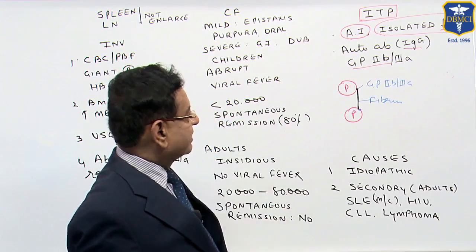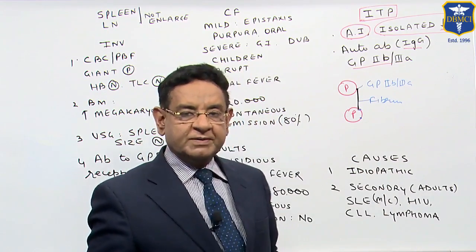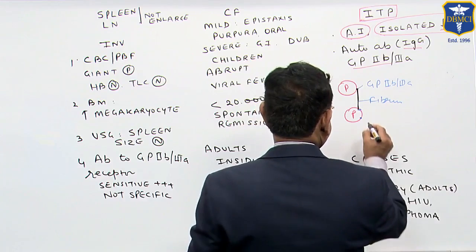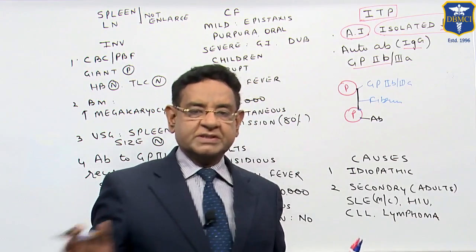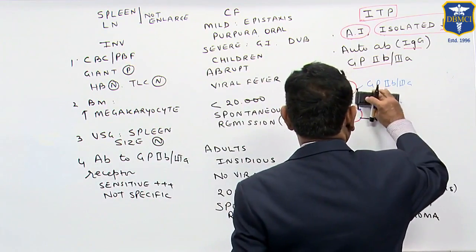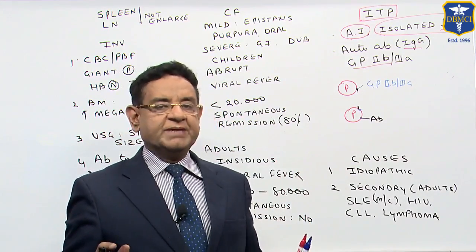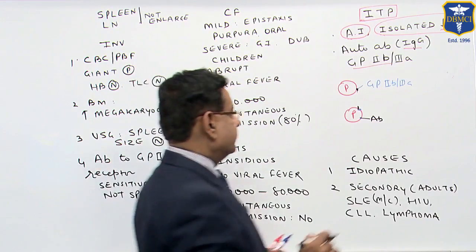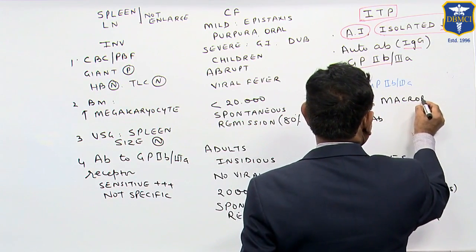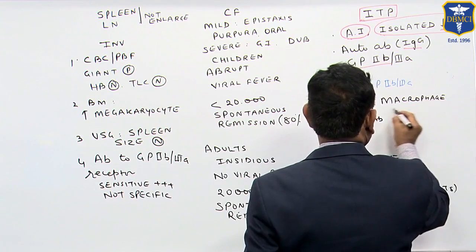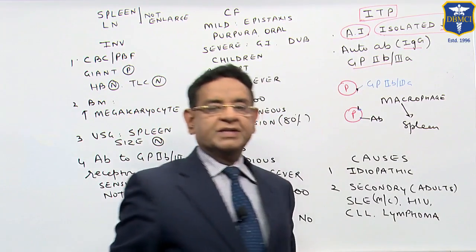Now in these patients we have antibodies against the GP2B3A receptor, and these antibodies bind to these receptors. Now the platelets to which antibodies are attached are engulfed by the macrophages, and these are taken to the spleen where they are destroyed.